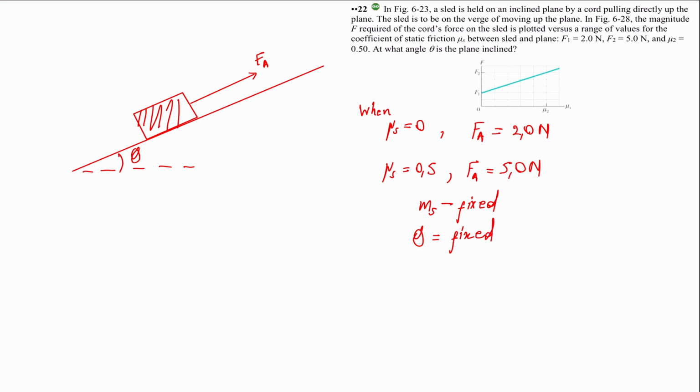Which means we can use this information. Let me put it another way. Theta, the angle of inclination for this situation, is going to be the same as the angle of inclination for that situation. This means we have two instances which we can use to determine the angle we're looking for.